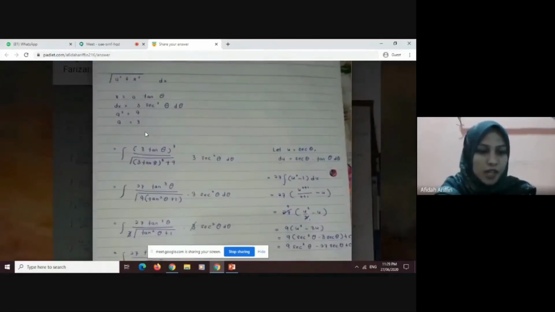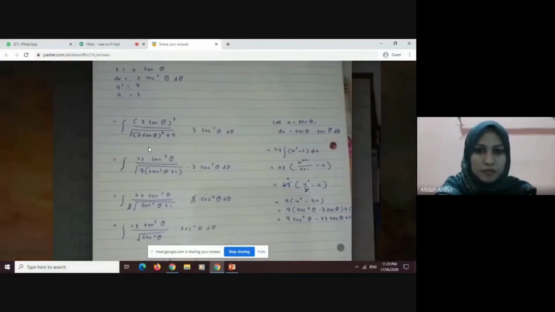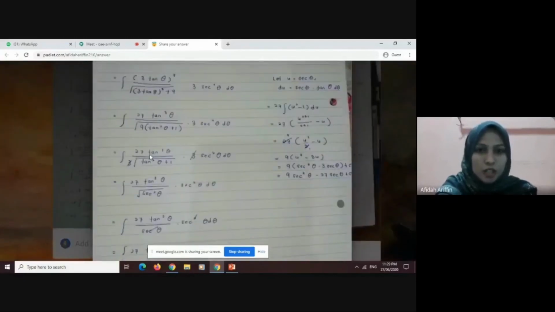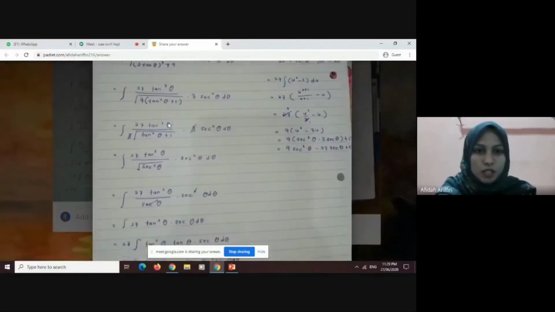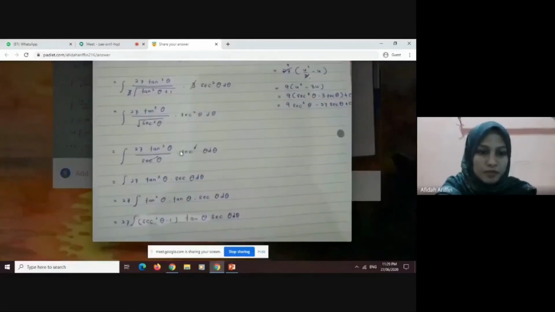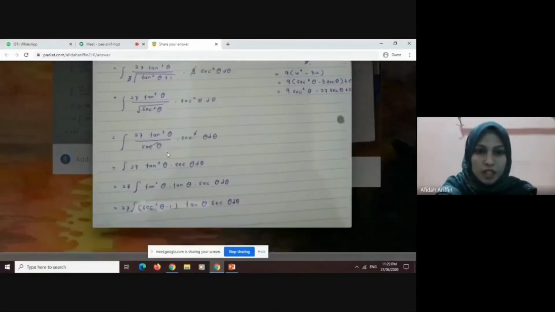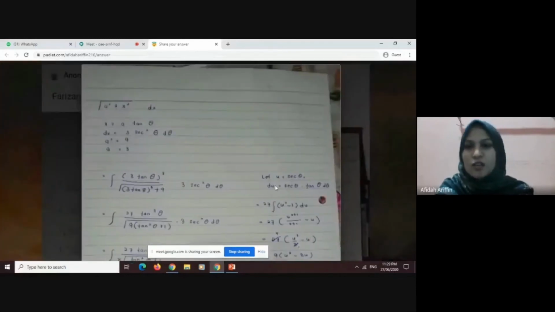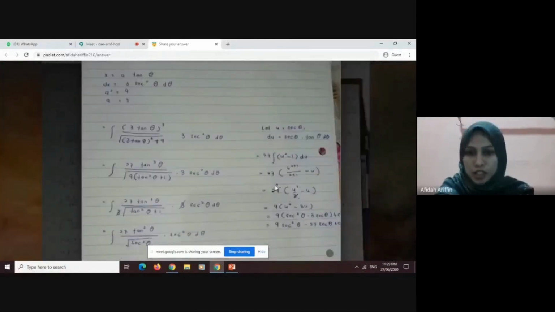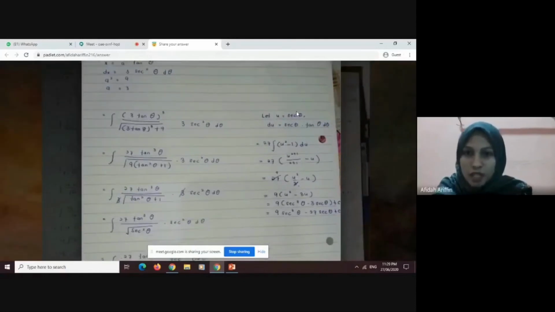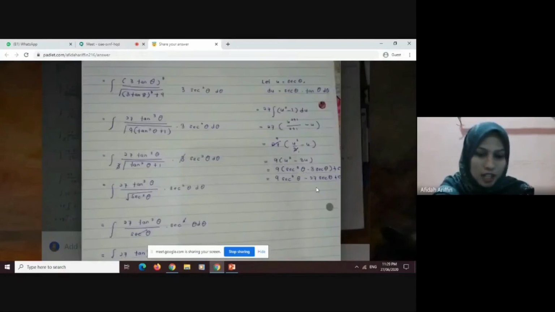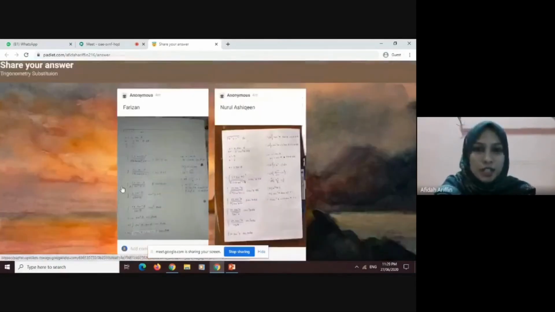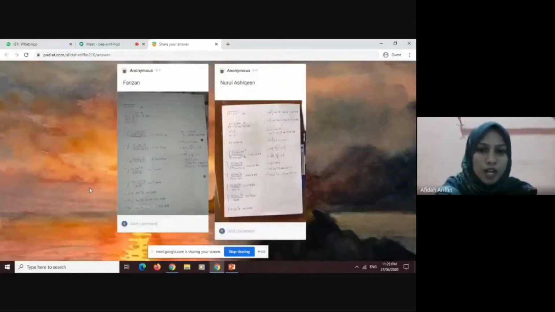She found the value of a, with 2 a squared plus x squared. She did the substitution. Correct, same answer as Ashikin just now. Next, she did the integral. Is this the final answer, Farizan, or do you have any more answer?